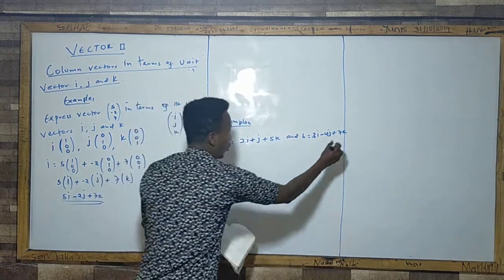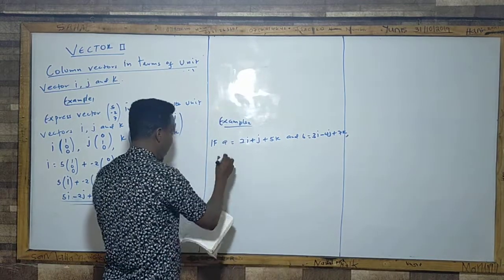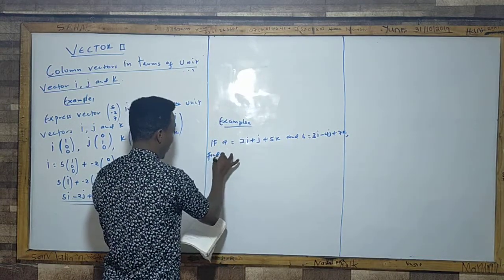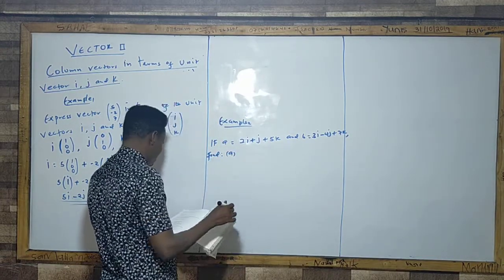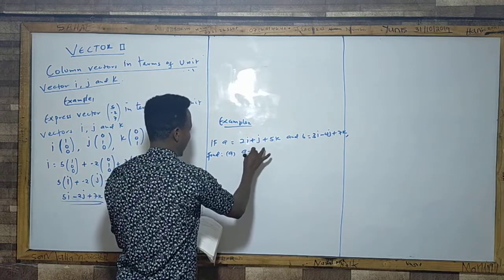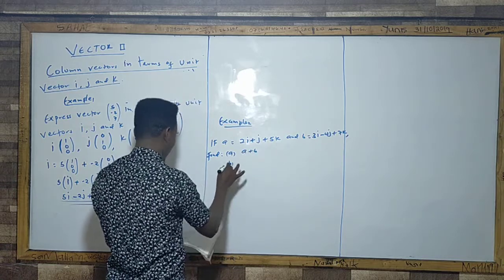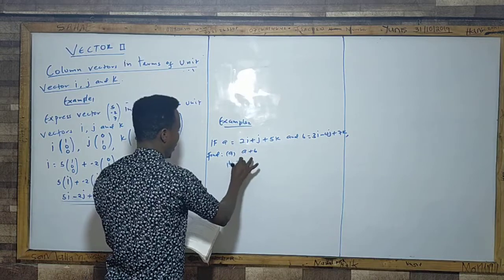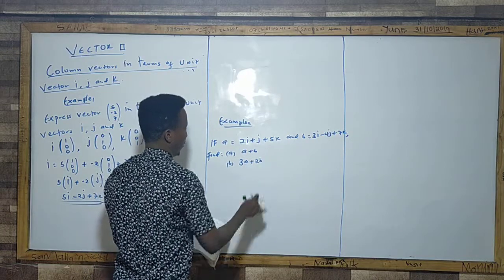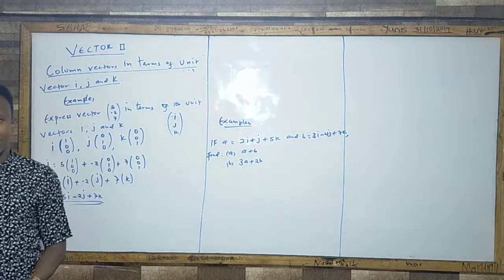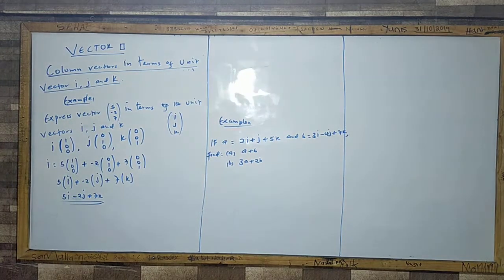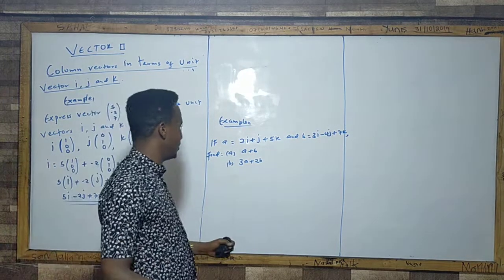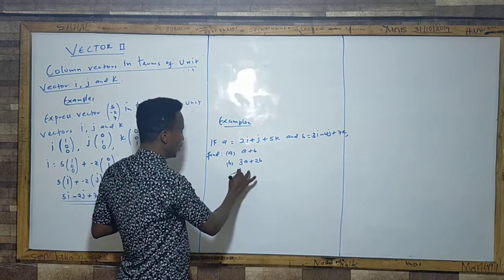Then you're told, find question A, we have A plus B. Then question B, we have 3A plus 2B. Let's see whether mathematics is hard or easy, okay? I think this is very, very easy for your information, guys. This concept is very easy. You are told, let's look for the solution.